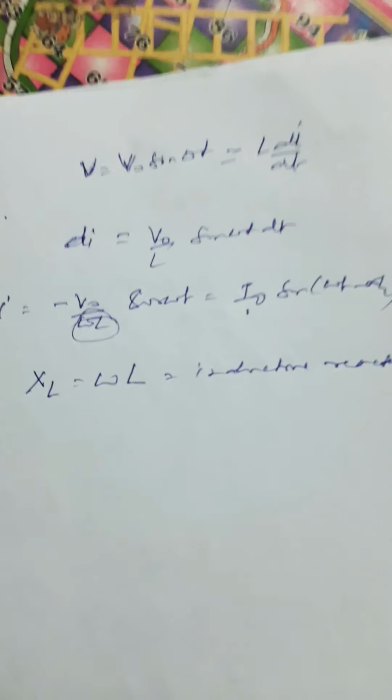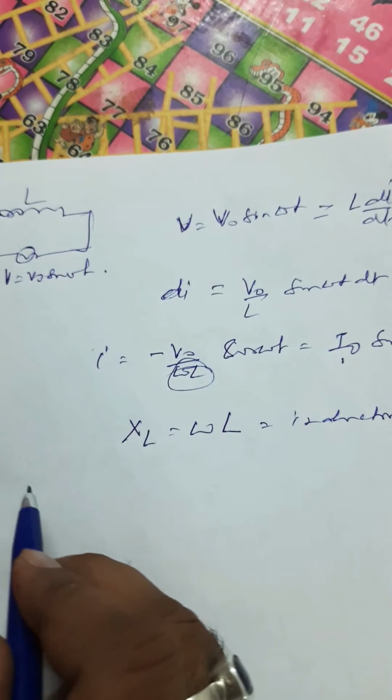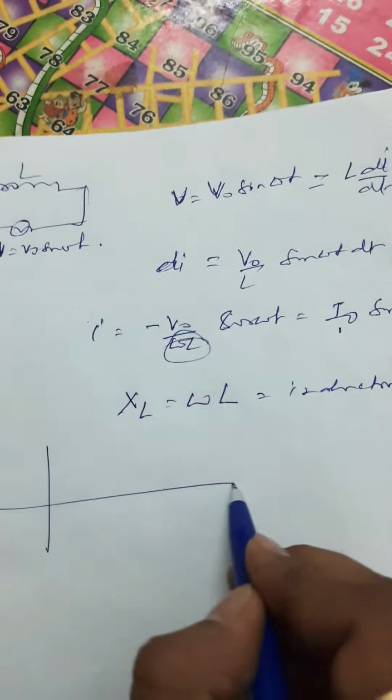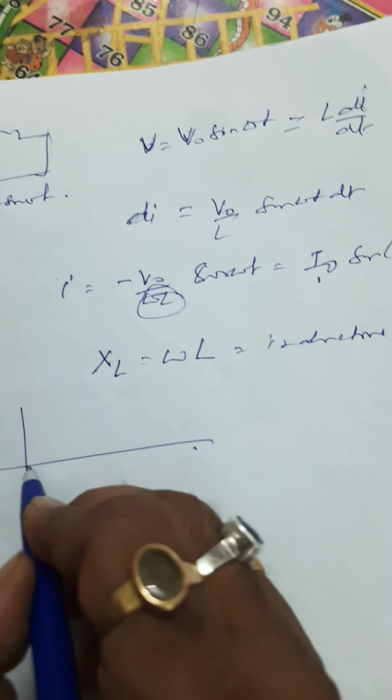So this is regarding the pure inductive coil, and what we can find from here is the graph. This is the voltage.